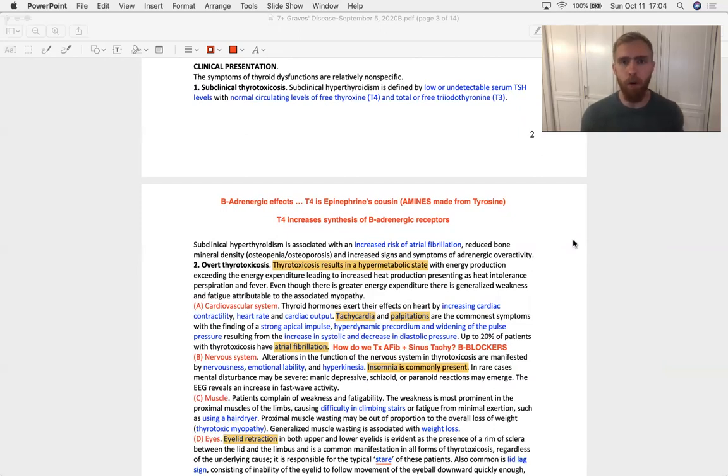And so thyroid hormone has some adrenergic activities that are going to work on the heart, for example, at beta-1 adrenergic receptors to increase contractility and heart rate, and then also on alpha-1 receptors to induce vasoconstriction. So once you understand that, the symptoms of hyper versus hypothyroidism make a lot of intuitive sense.